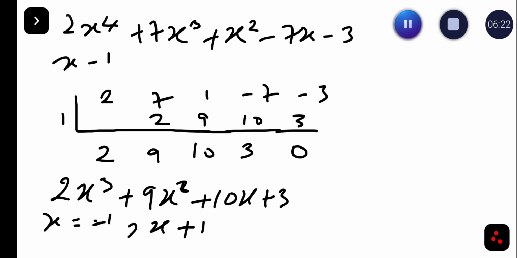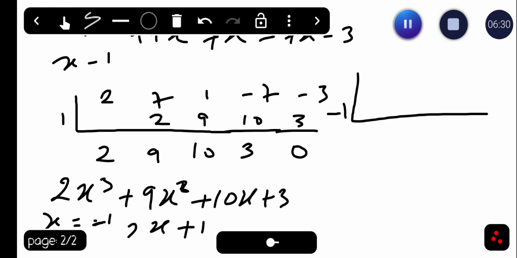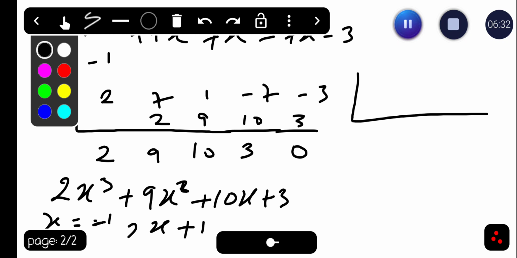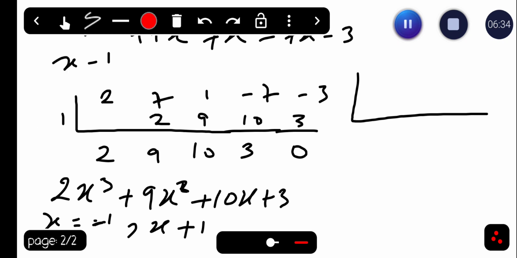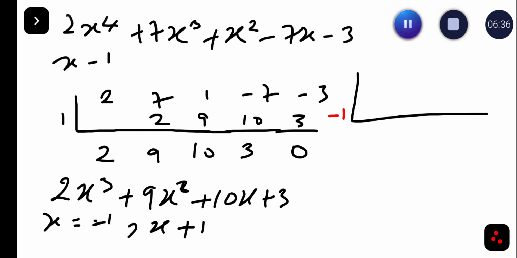So we use synthetic division again. We're going to have -1 here. And what are the coefficients here? 2, 9, 10, 3.